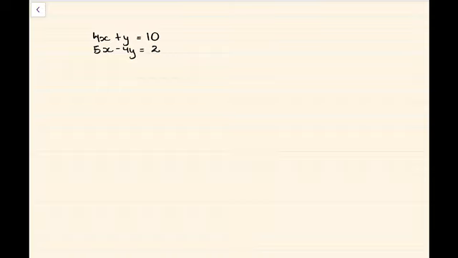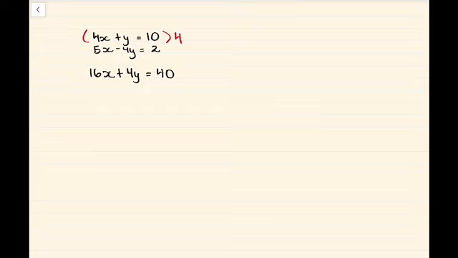So let's multiply the first equation by 4, so that both the coefficients of the y variables will be the same. So 4 times 4 is 16x, plus 4 times y is 4y, and 4 times 10 is 40.